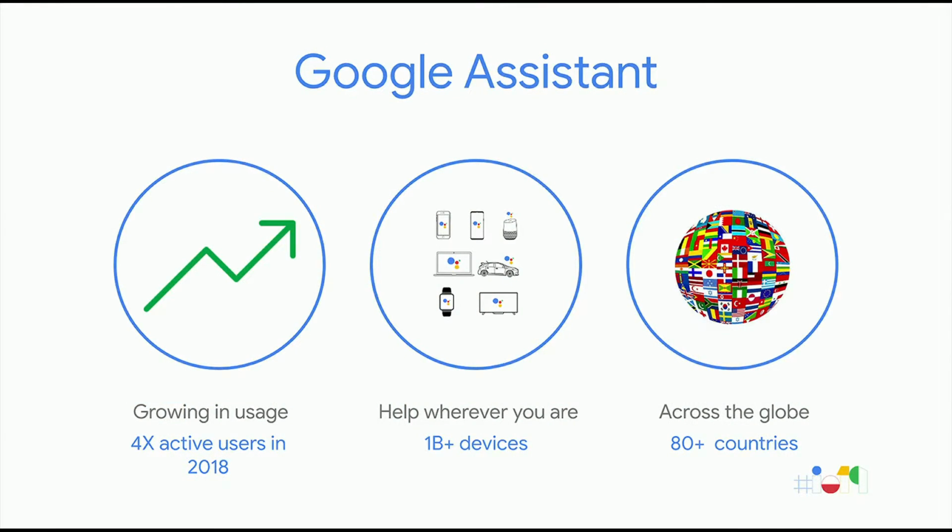And Google Assistant, which is helping users get things done, has also been helping users find and engage with the great content. We are seeing this increasingly. Just last year, we have seen Assistant's active usage grow 4 times. It's available on more than 1 billion devices, nearly 30 languages, across 80 countries.